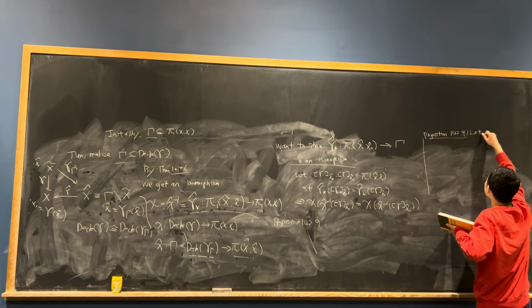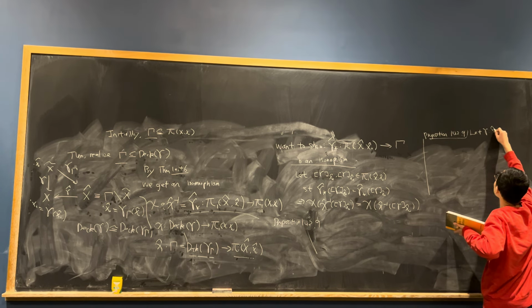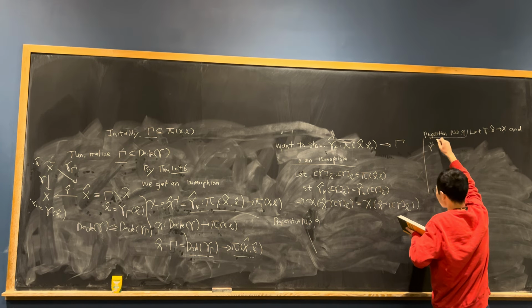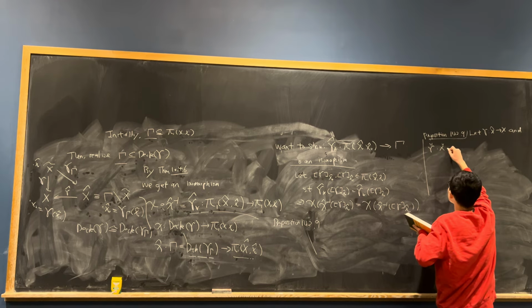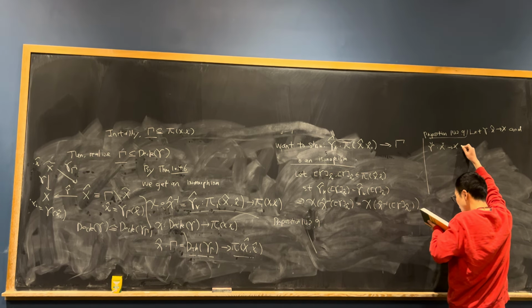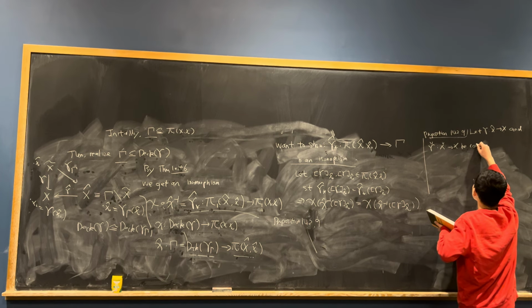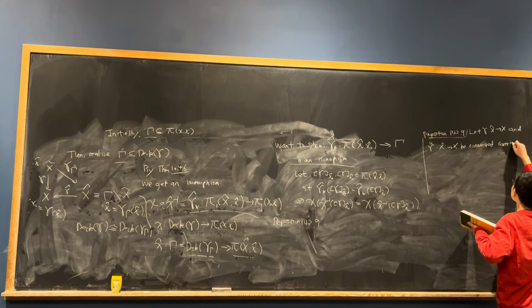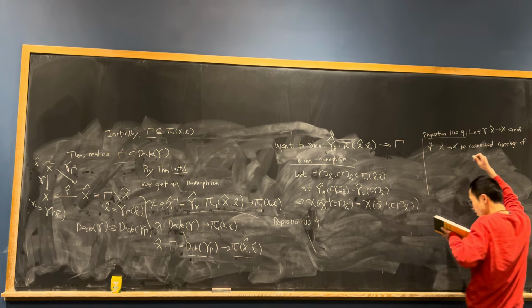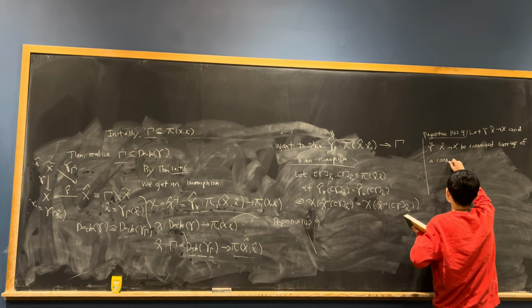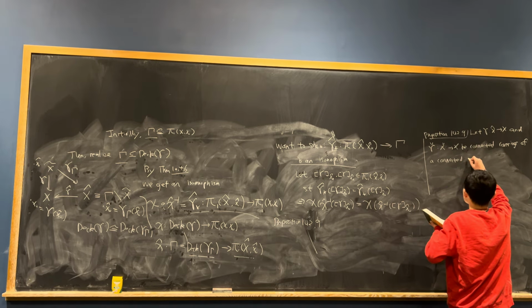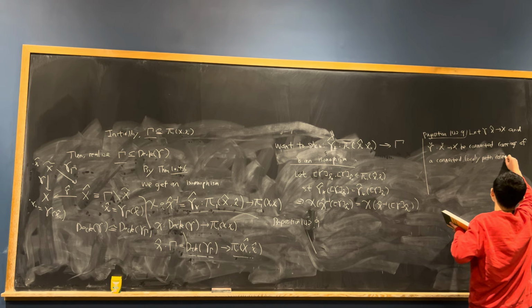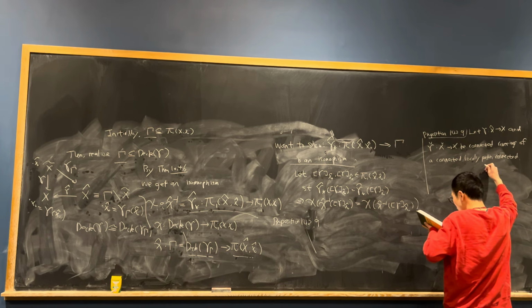that gamma from X hat to X and gamma check from X check to X be connected coverings of a connected, locally path connected topological space.